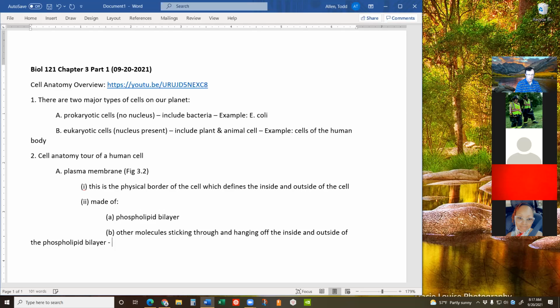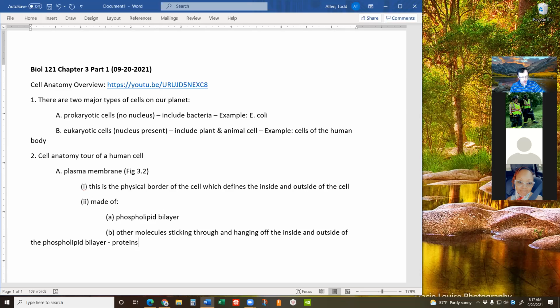Some of these molecules will include proteins. I won't go into details just yet, but on figure 3.2, do you notice the integral proteins, also known as the peripheral proteins that hang on the outside and inside of the bilayer. So there's many proteins sticking through the phospholipids.